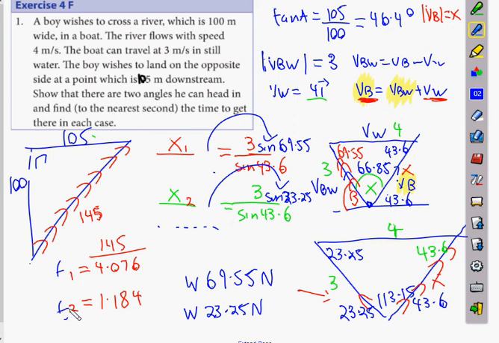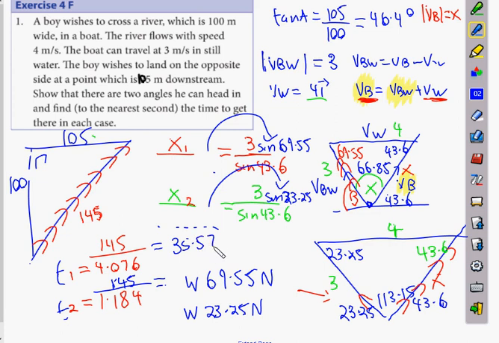So what do you get for both then? First one, 35.57. And the other one?